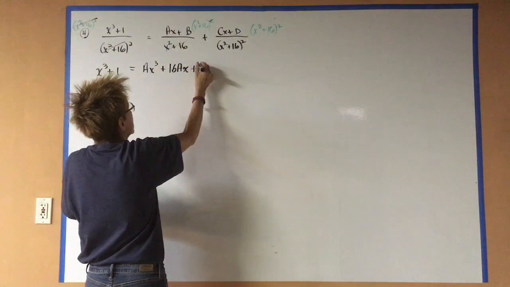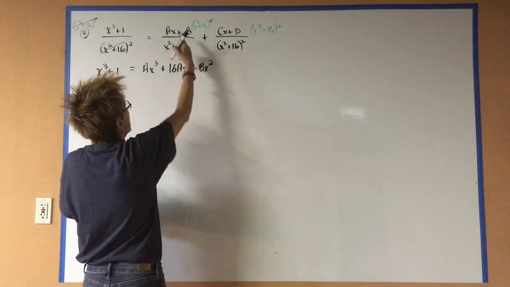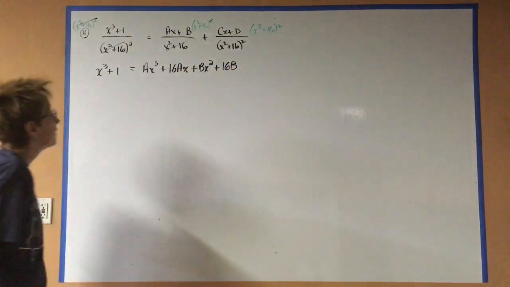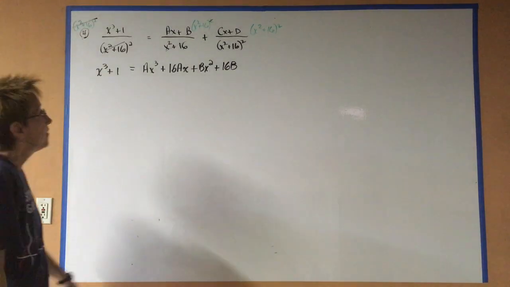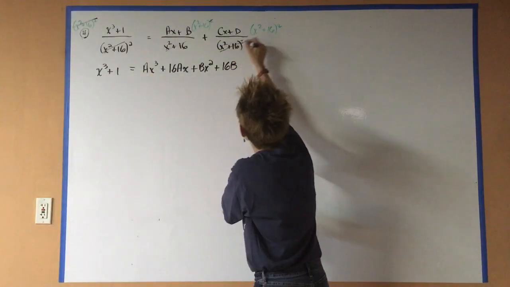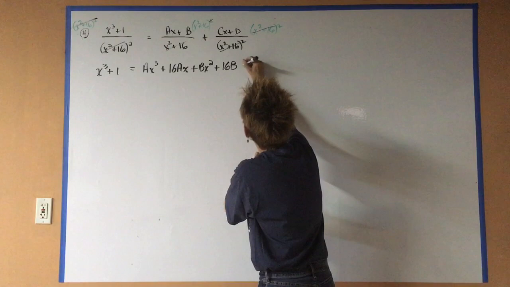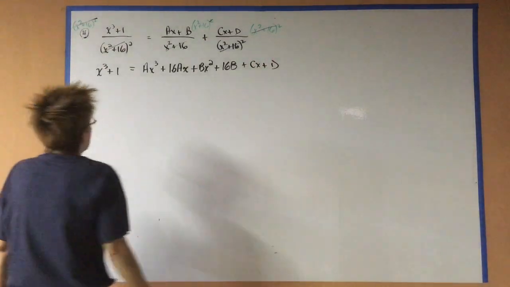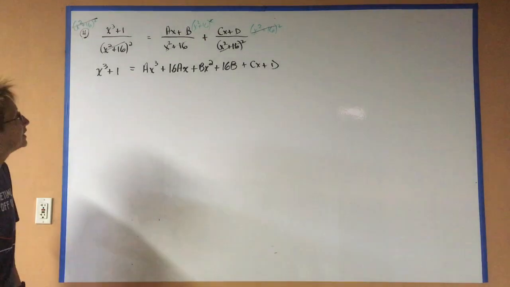B times x squared is bx squared, and then b times 16 is plus 16b. And then the last one, this all cancels, that's nice, and I get plus cx plus d. So there it is. Oh boy.